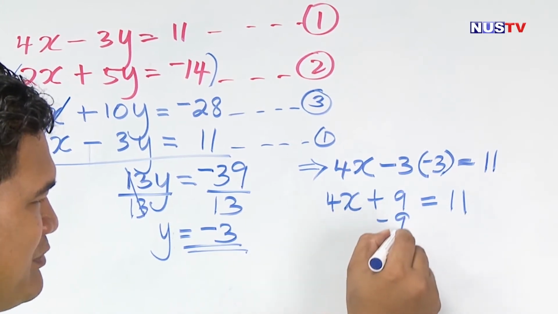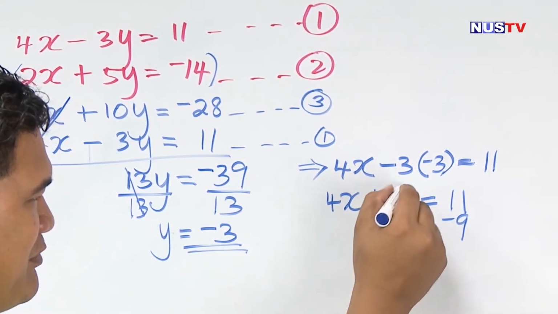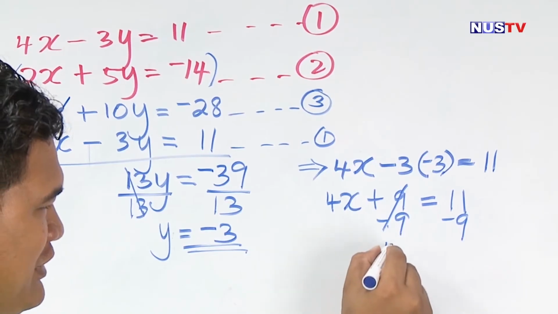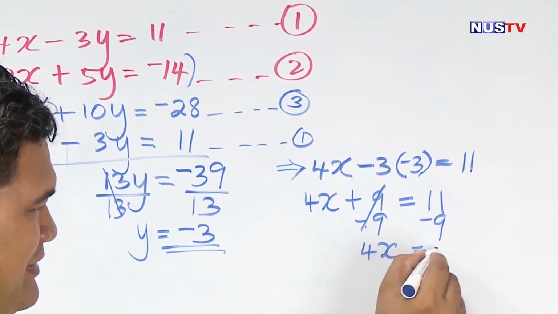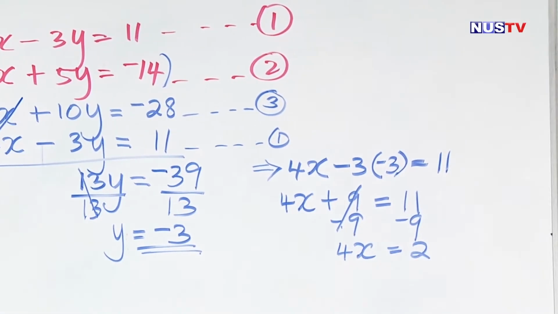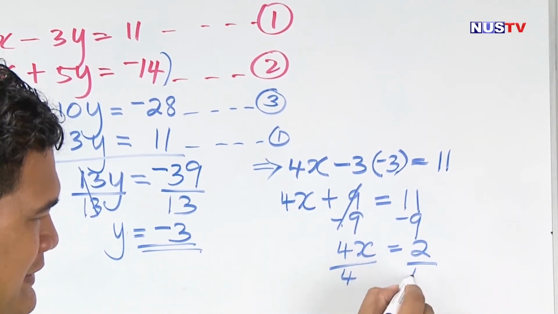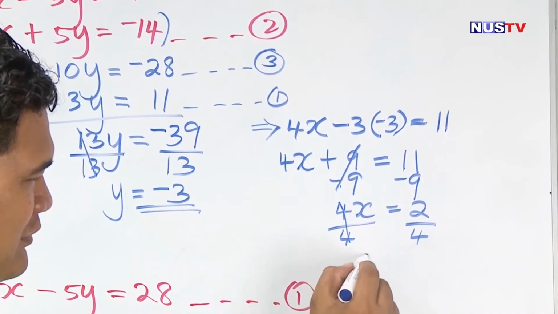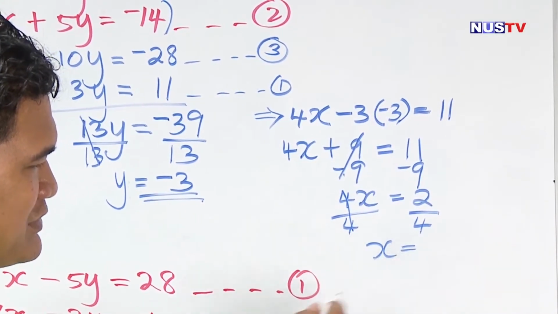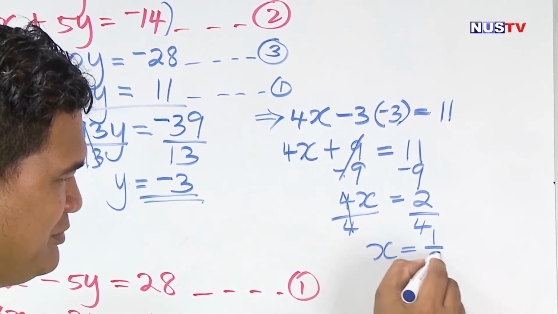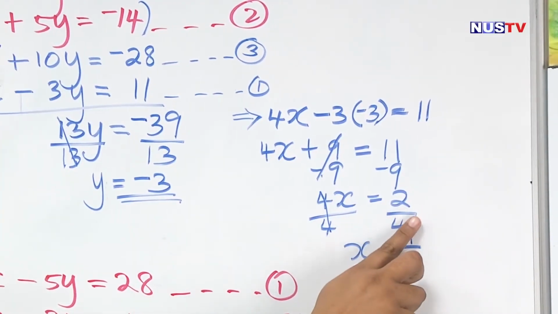So minus 9 both sides to remove our 9 from here, so we have 4x and 11 minus 9 is equal to 2. Dividing both sides by 4, our final value of x will be equal to 1 over 2, because 2 divided by 4.